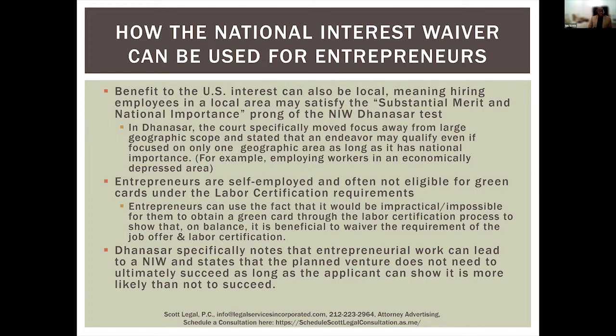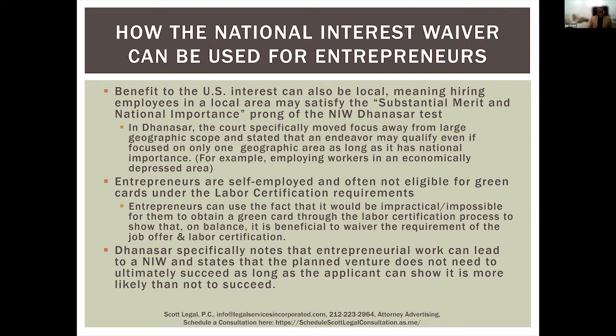And then it moves to the individual. And when it moves to the individual, we now say, is the person well positioned to advance the endeavor? And then you're going to look at a number of different things. You're going to look at their educational background. You're going to look at their track record. You're going to look at how far along the particular endeavor is. Does it have funding? Have other people invested in it? Does the person have patents?